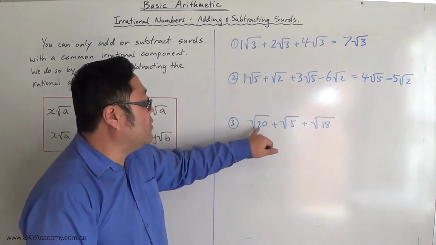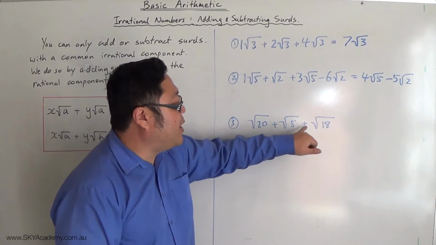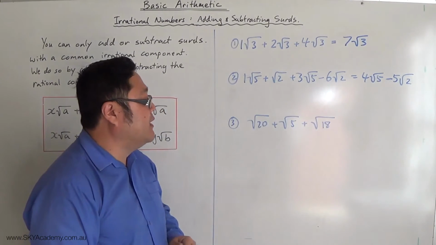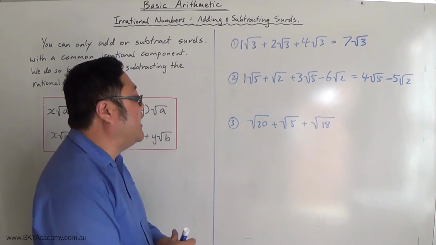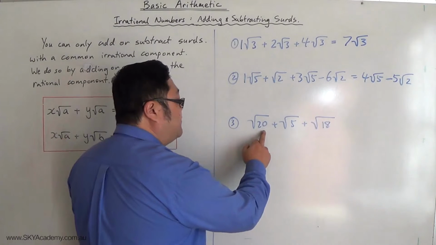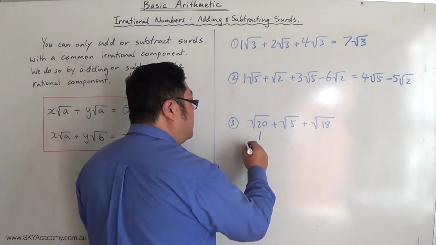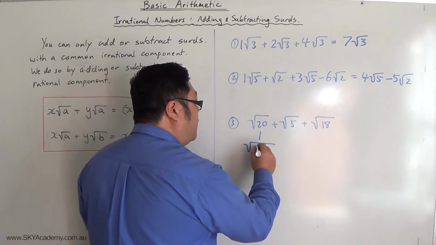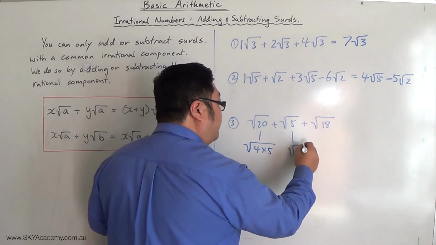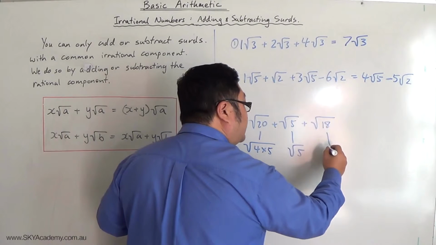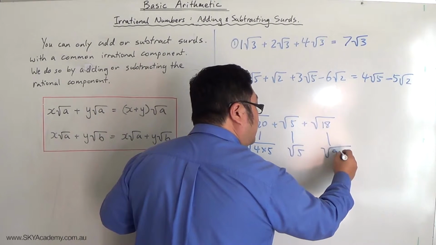Now, how do you do something like this? Sometimes, just because the irrational component is different, doesn't necessarily mean you can't add them together, and I'll show you why. The square root of 20 is actually equal to the square root of 4 times 5. The square root of 5 is equal to the square root of 5. And the square root of 18 is equal to the square root of 9 times 2.